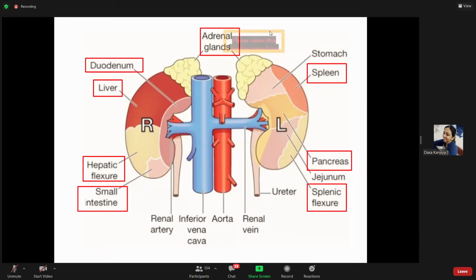Now the triangular area, which is bounded by the adrenal gland, pancreas and spleen. This triangular area is related with the stomach, renal impression of the stomach. Rest of the anterior surface in the lower part is related with the coils of jejunum or the small intestine.